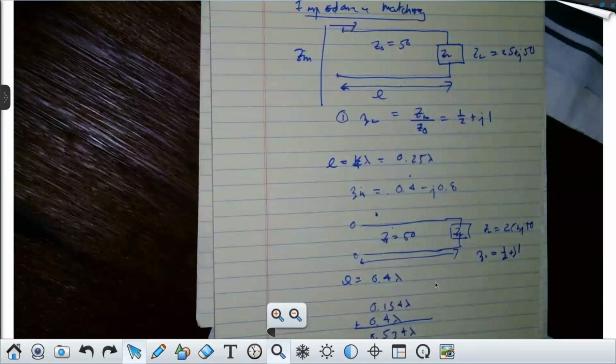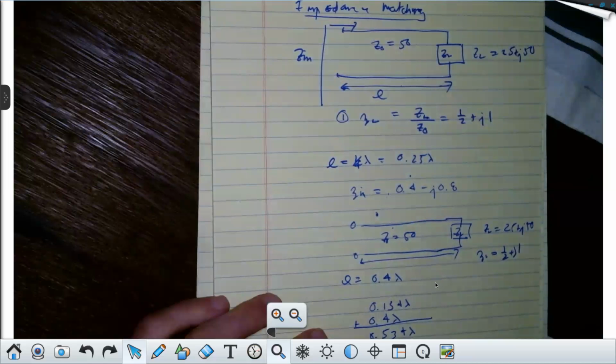Anytime you have more than a half wavelength, if this was like 0.634 or 1.654, you're going to keep subtracting off half wavelengths until it becomes less than a half wavelength. So if I take this and subtract off 0.5 lambda, that becomes 0.034 lambda, doesn't it?